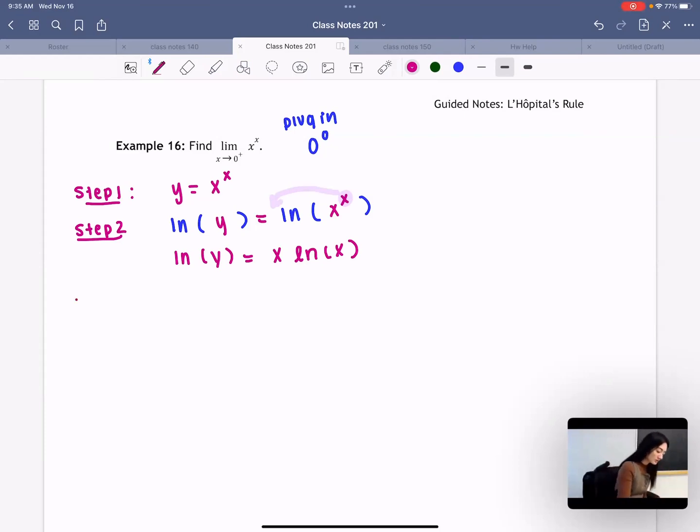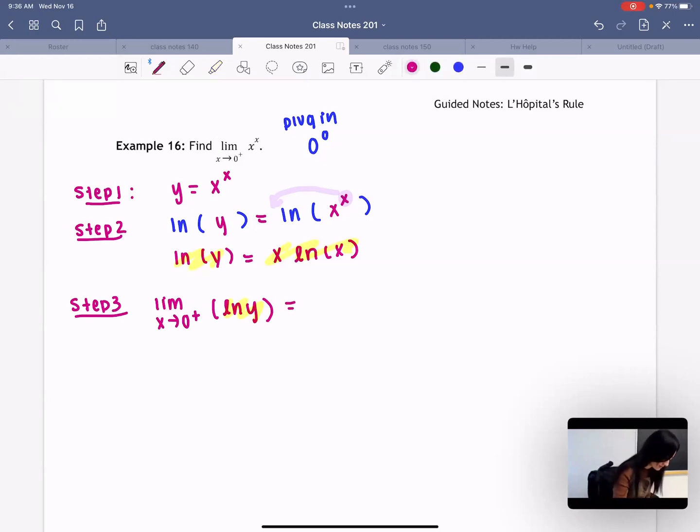Once we're here, we're done with that step. Let's go to step 3 where we're trying to find the limit. So step 3, we definitely want to find the limit as x goes to 0. And because we can't really find the limit of our beginning function, let's find the limit of the natural log of y. Now, another way to say natural log of y is to just replace it with the other side of the equation, right?